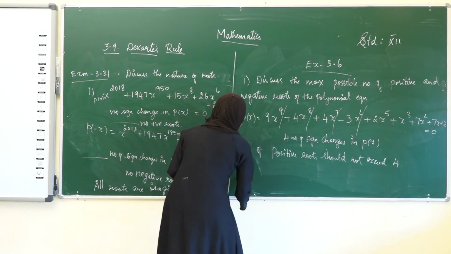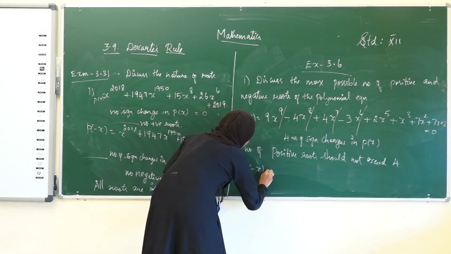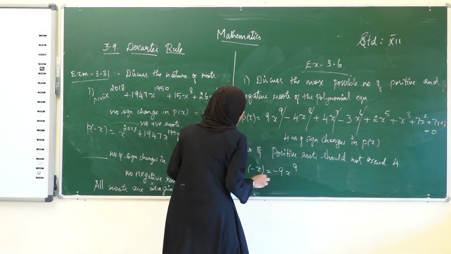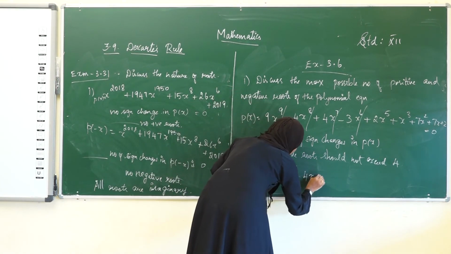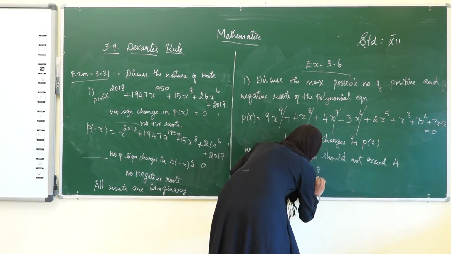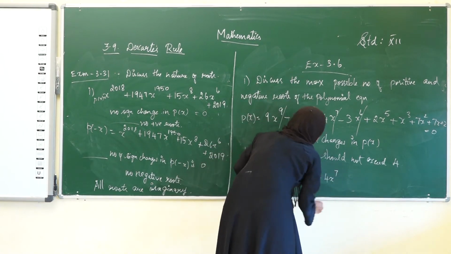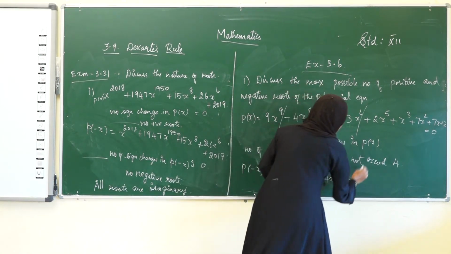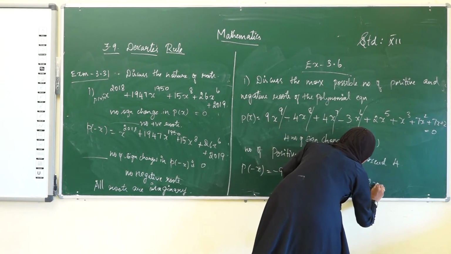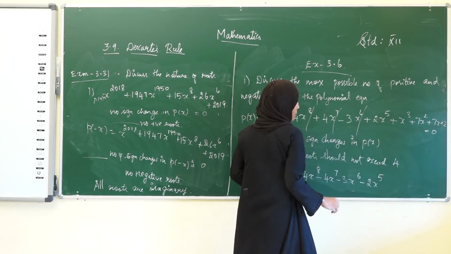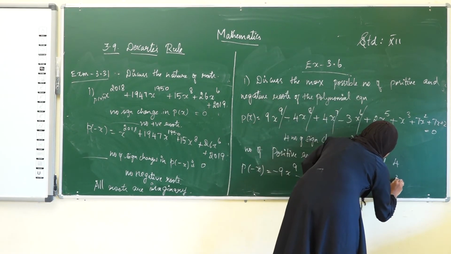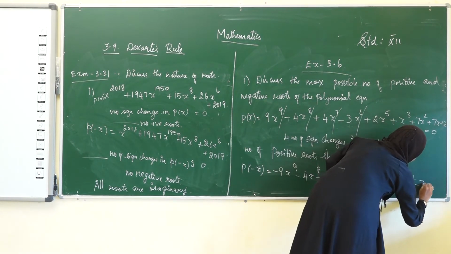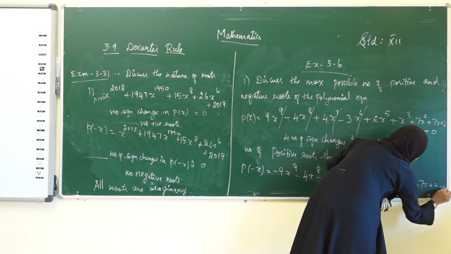Okay, now let us find p of minus x. So here it becomes minus 9x^9 minus 4x^8 as it is, minus 4x^7 minus 3x^6 (here it changes because it is an odd power), minus 2x^5 minus x^3 plus 7x^2 minus 7x plus 2 equal to 0.